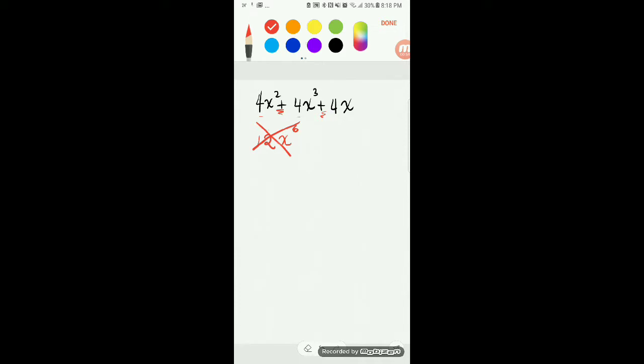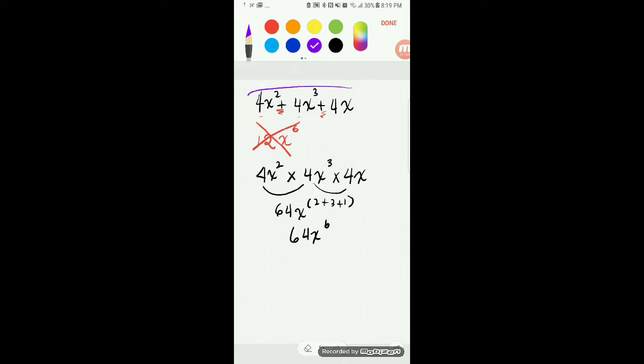So if this was 4x squared times 4x cubed times 4x, then I can do 4 times 4 times 4, which will give you what? 64, and then x, index rule number 1, 2 plus 3 plus 1, and that will give you 64x. Oops, sorry. That will give you 64x to the 6th power. Okay? But that is not the case.